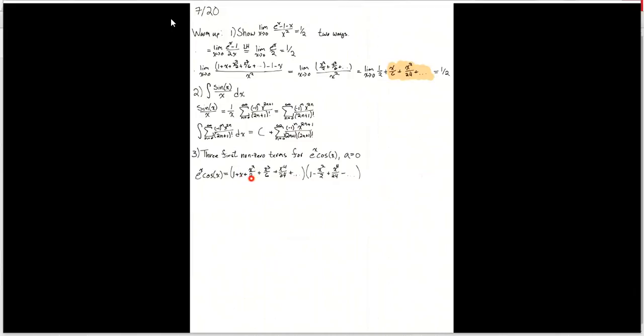This term, and so on. So first I'm going to write 1 times 1 minus x squared over 2 plus x to the 4th over 24, and so on. Well, because we're multiplying by 1, this is just the same thing.